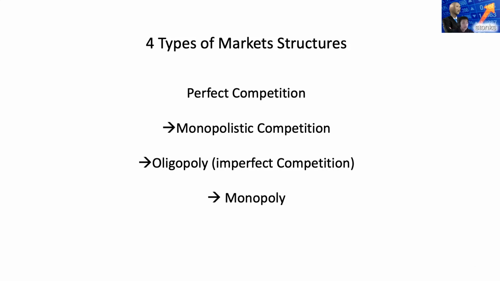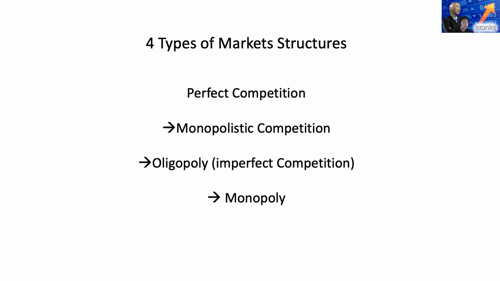So perfect competition is something that's pretty rare in the real world, but it's the most basic economic market structure. In a perfect competition, there are low barriers to entry and exit, and every single producer produces the same thing.